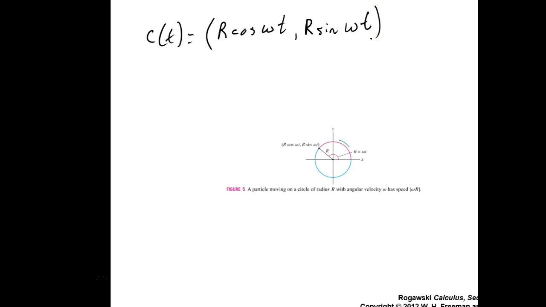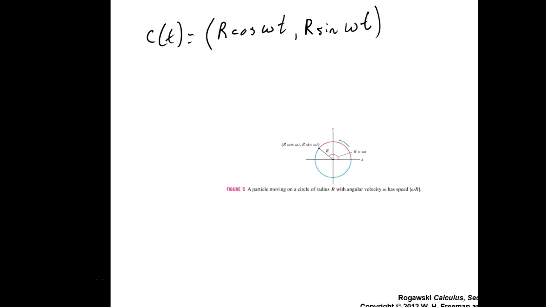Now let me say a little bit about this notation. I think we've been playing with it and using it a little bit. This is a parametric function describing the path it's taking as a function of time, or t. It doesn't have to be time, but it is. Okay? It's a circular path, so we know it's going to be on a circle. The radius of the circle is R. Now, R cosine omega t, R sine omega t.